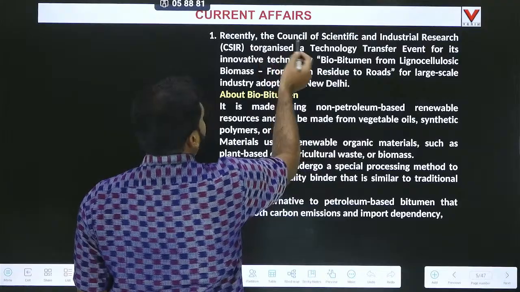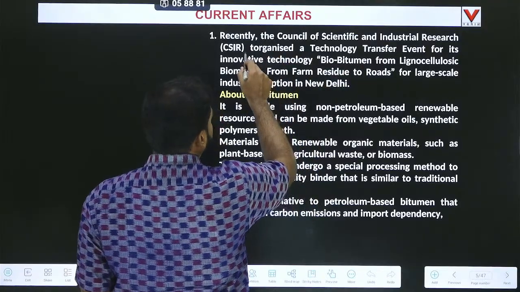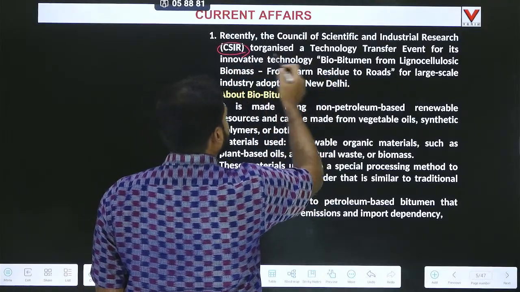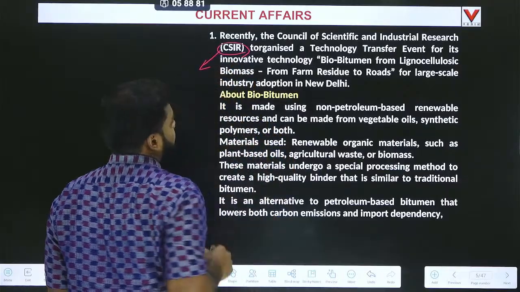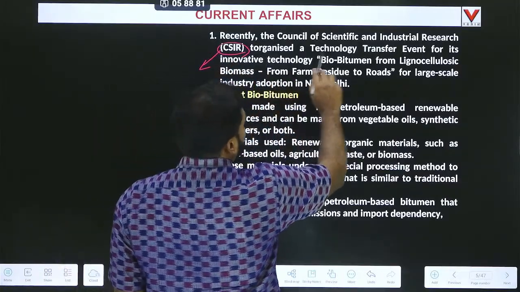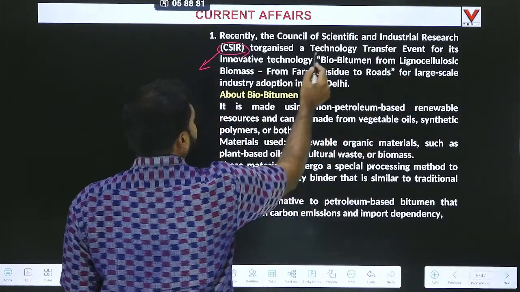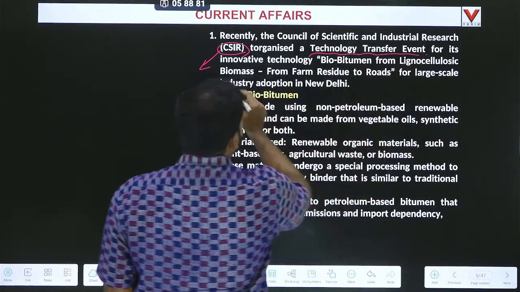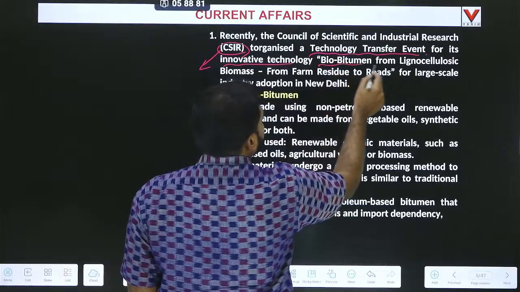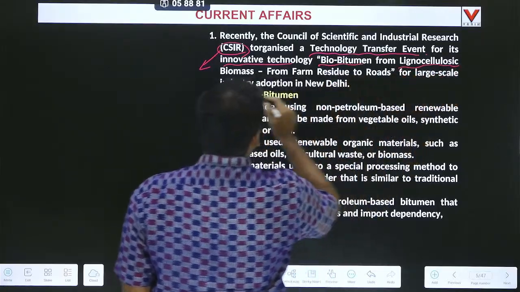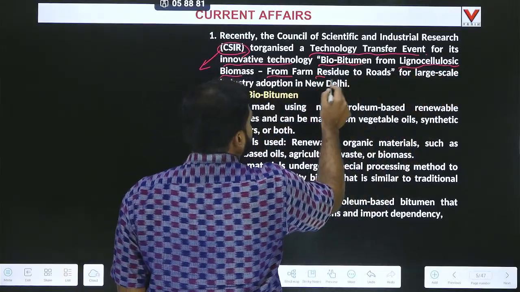Because the Council of Scientific and Industrial Research (CSIR), the apex body in science and industry, organized a technology transfer event for its innovative technology: biobitumen from lignocellulosic biomass from farm residue.